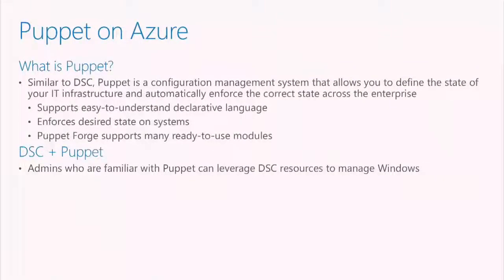Also, there's Puppet. Puppet, similar to Chef, is a configuration management system. Now, it works a little bit differently than Chef. The use cases are slightly different. Chef allows you to go in and build configuration files. Puppet works a little more like DSC in that you create a desired state. It will enforce that configuration more so than just apply it.